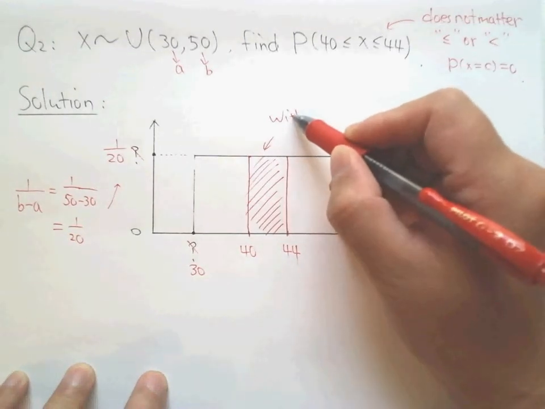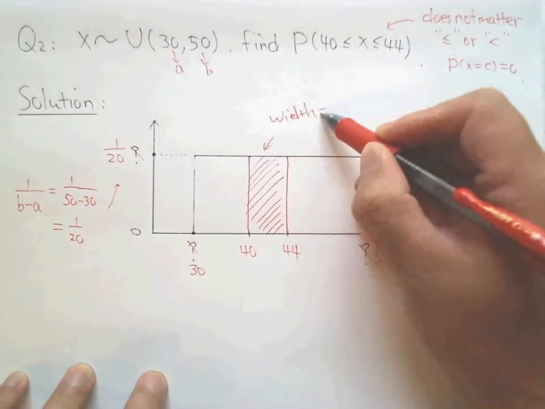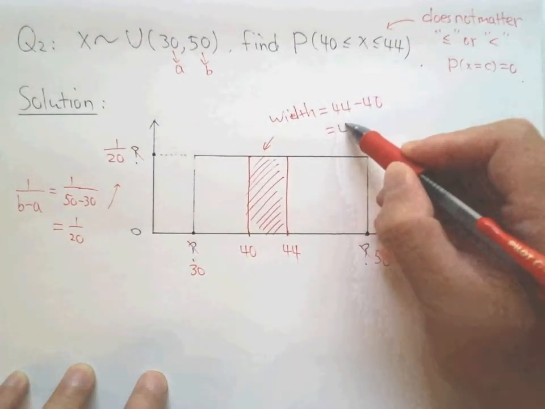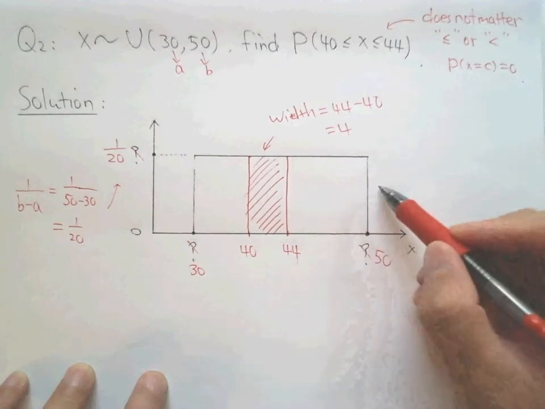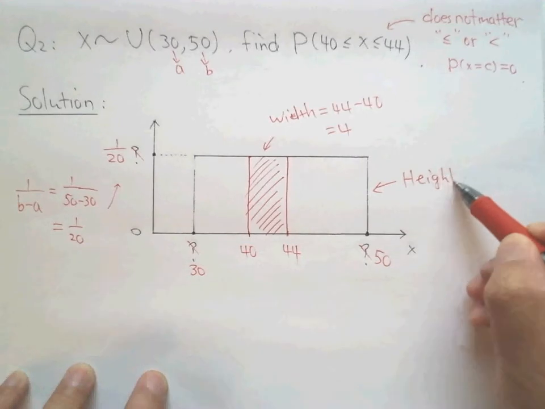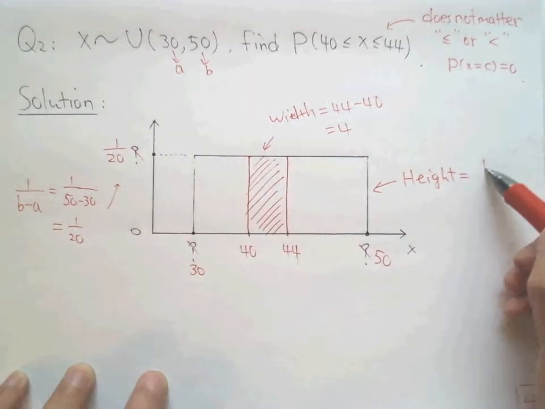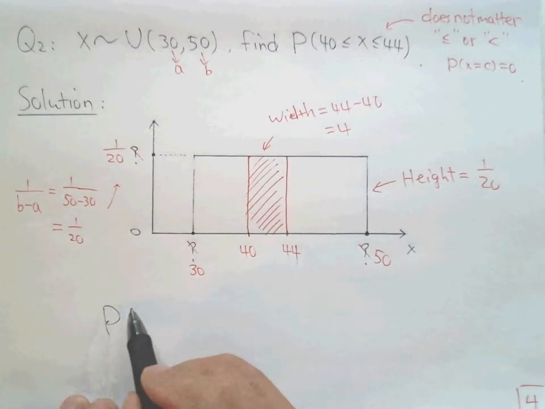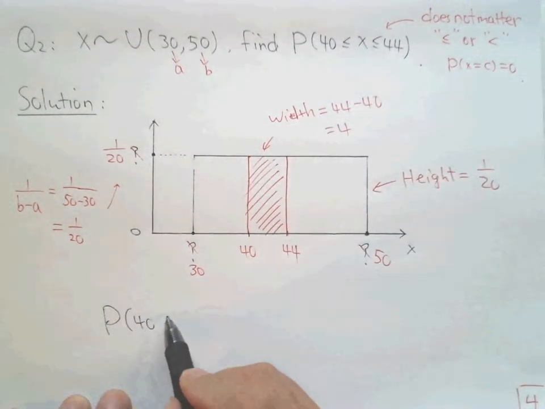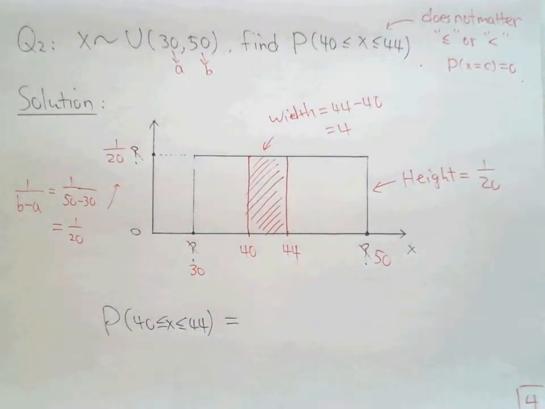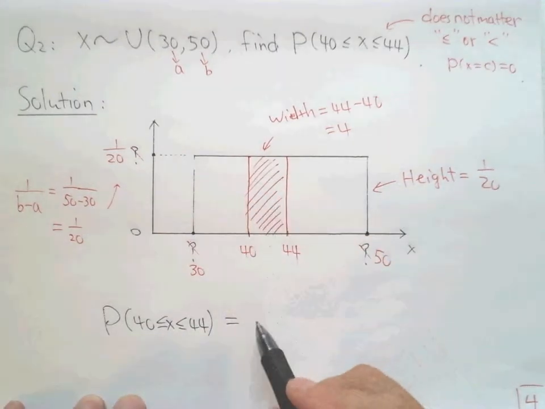What is the width? The width is 44 minus 40. What do we get? It is 4. Okay, and what is the height? The height is the same as this height. I just put it here. So the height is always equal to this number, 1 out of 20. Now what is the probability? So the probability of our question equals, do you remember the formula?